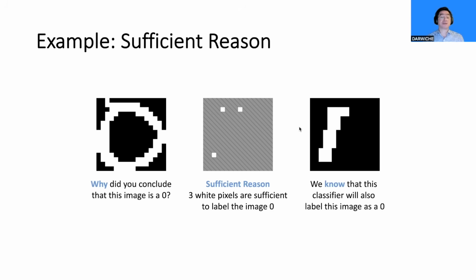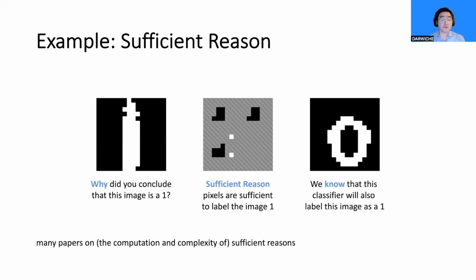All right. That gives you a sense of this notion. And here's another example where this was classified as a 1, and this was one of the sufficient reasons. As long as these pixels are black and these 2 are white, this will always be classified as 1, including this image, which is compatible with this.